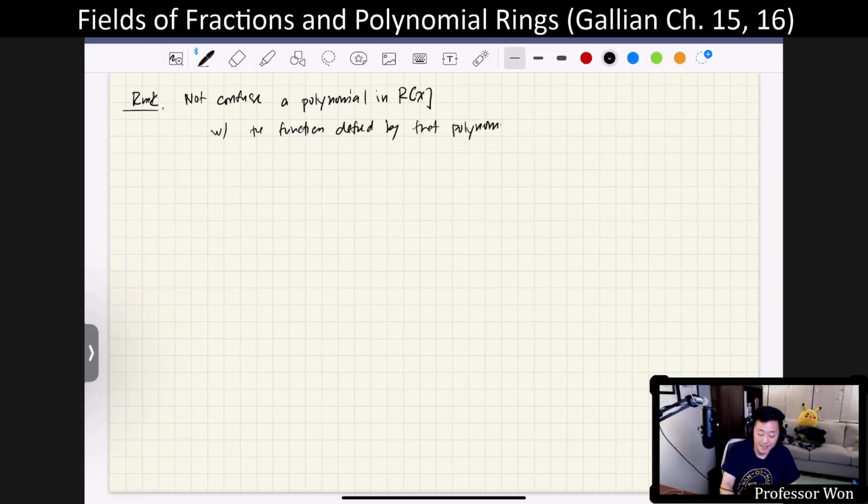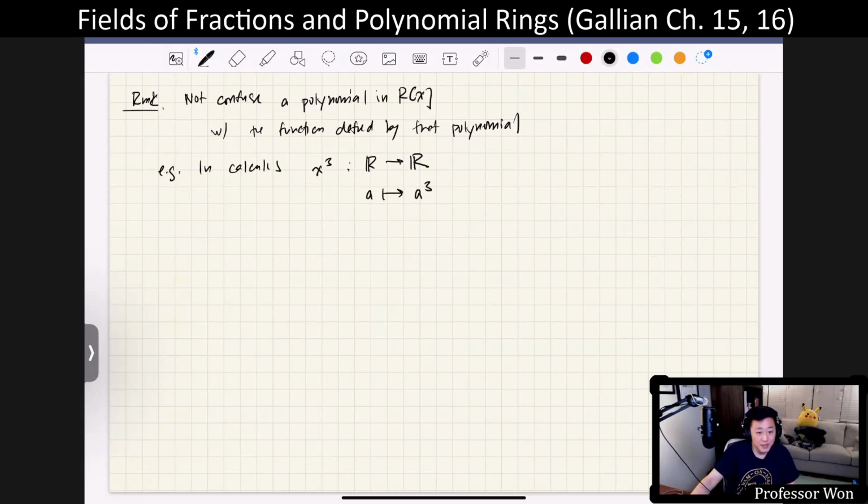In calculus, generally when you talk about a polynomial, you're very often thinking of it as a function from R to R. If you write down the symbol x cubed, you often think of it as a function from R to R that takes the element a and substitutes it into the polynomial. It's just the thing that cubes its input.